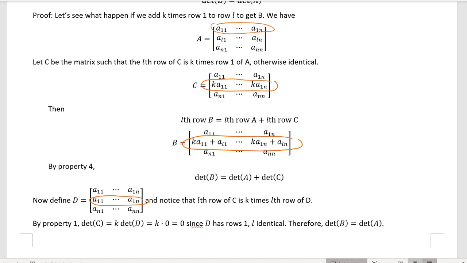This is a property: if two rows are identical, then the determinant is 0. So the determinant of A plus the determinant of C, which is 0, gives just the determinant of A. Okay? So this is the proof.